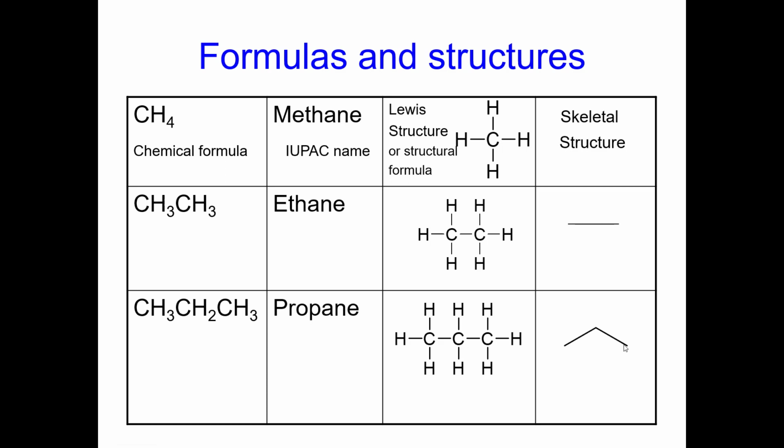Okay, so when you're drawing your reaction mechanisms, I am asking that you always use your Lewis structures, okay? You draw out the full structure. And the reason for this is, as we work through our reaction steps, if we just have our skeletal structure, it's very easy to forget a hydrogen, forget a carbon, label things incorrectly.